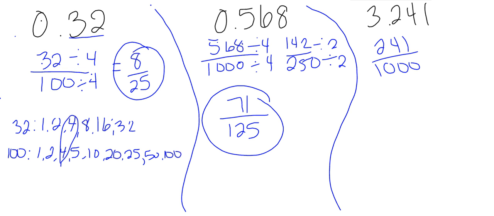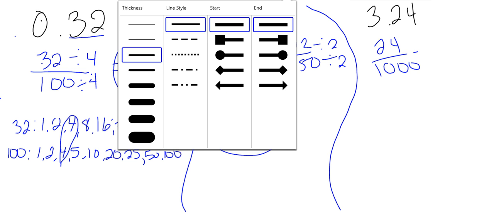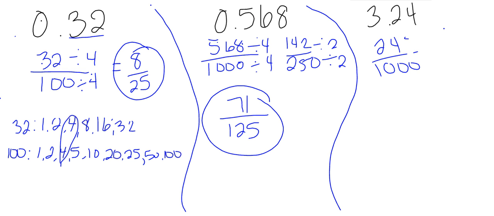Actually, let's change this number to a 2 just for our sake to make our lives a little easier in this example. 242 divided by 2 is going to be 121. 1,000 divided by 2 is 500.